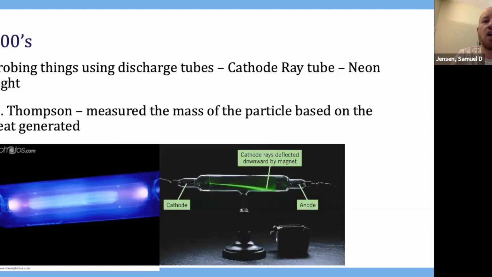And so J.J. Thomson was working with cathode ray tubes. It's basically a vacuum tube with a battery attached to it, and so you get a cathode and anode. This is how we get things like neon signs, and old TVs utilize these as well.